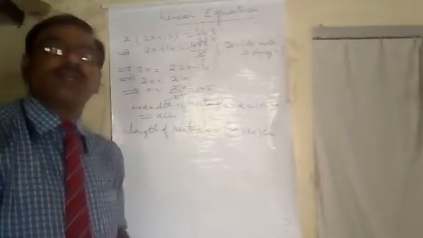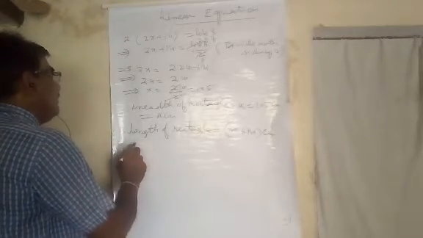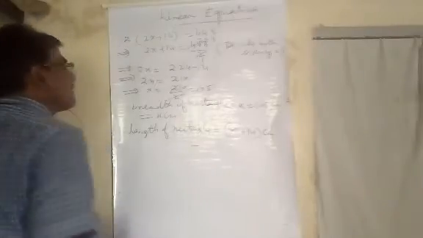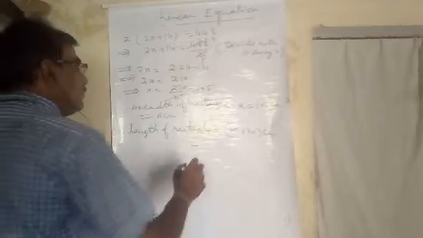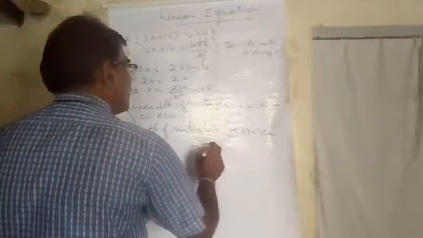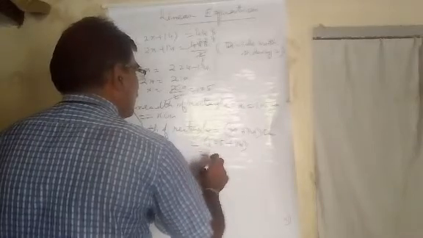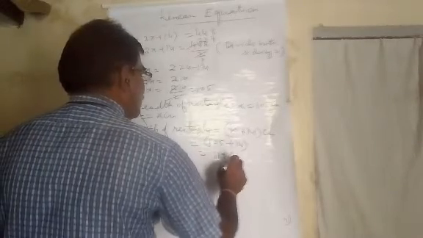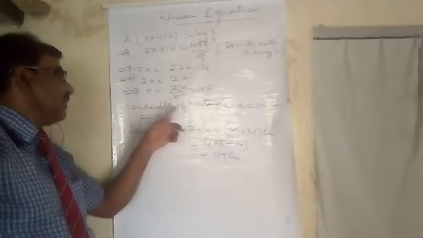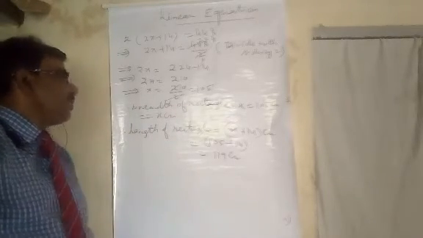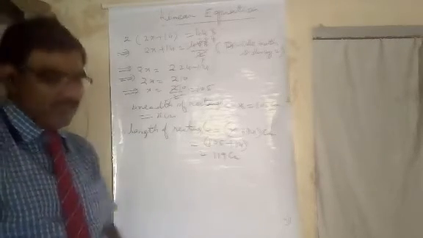Put value of x here, 105 plus 14 equal 119 centimeter. Therefore, length of rectangle equal 119 centimeter and breadth of rectangle equal 105 centimeter. This is the dimension of the rectangle.